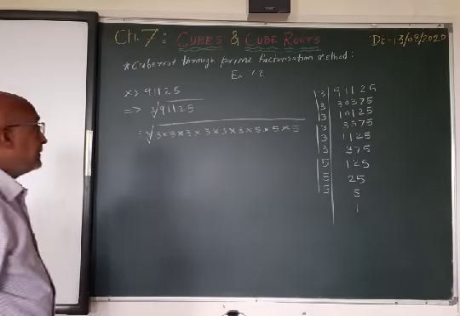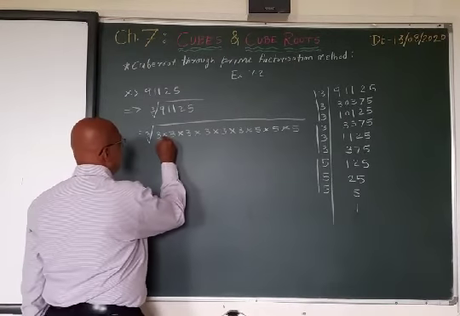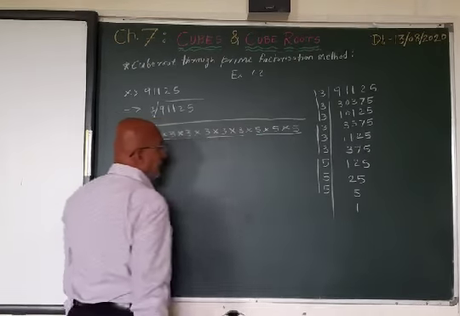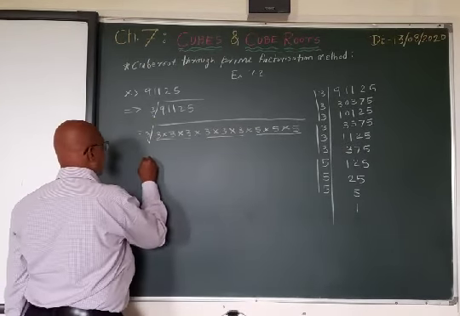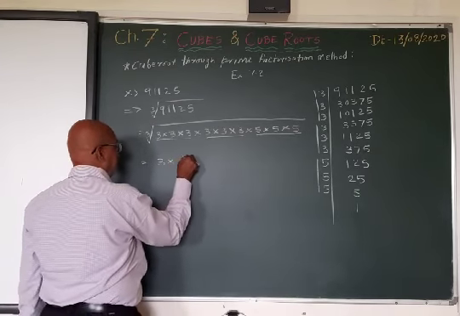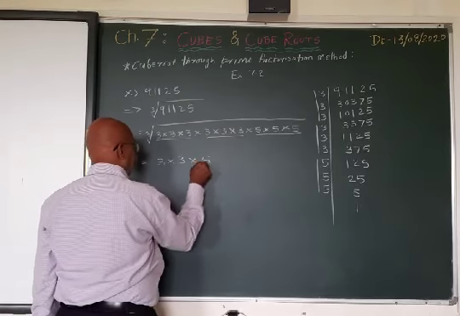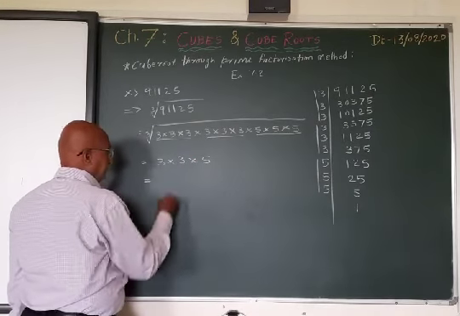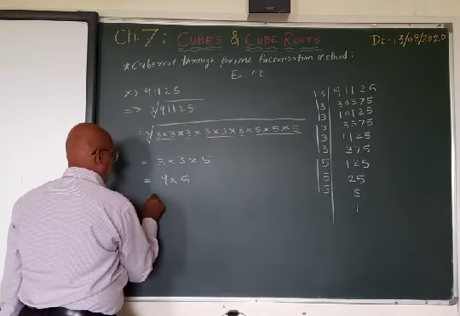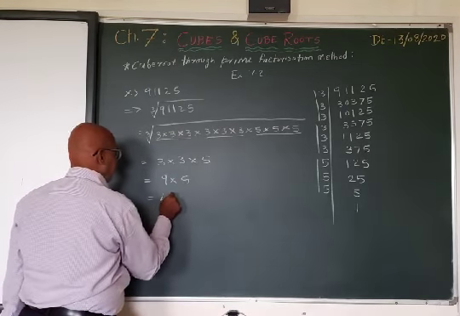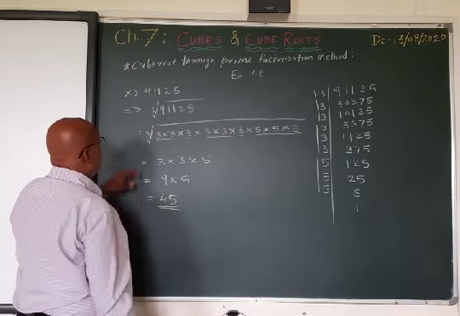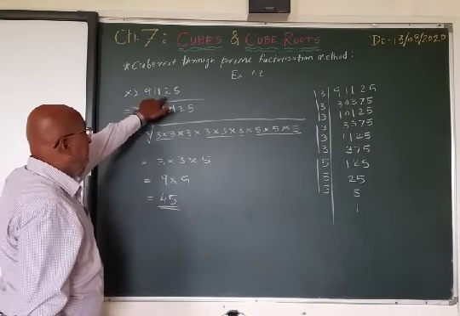So what we get here, the groups of 3 will make. From each group 1 will be taken out. So 3 into 3 into 5, so it is 9 into 5 equal to 45. So 45 is the answer for the cube root of 91125.